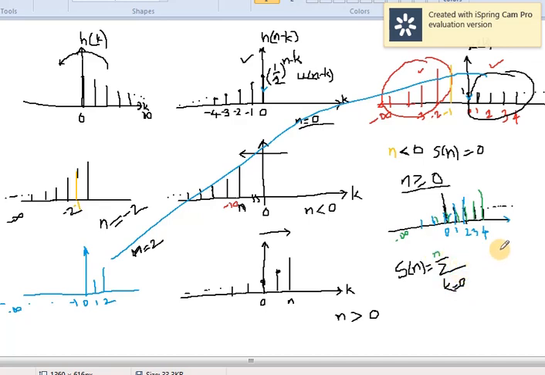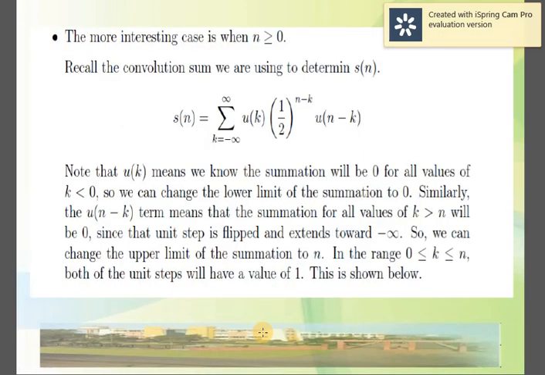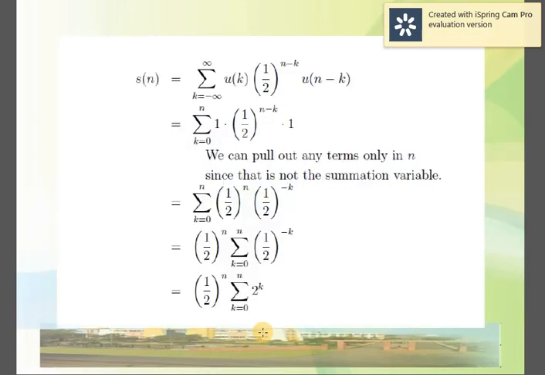Thus, x of k and h of n minus k are u of k and u of n minus k being substituted. So u of k has its sample with unit value, and even u of n minus k has its sample with unit value.